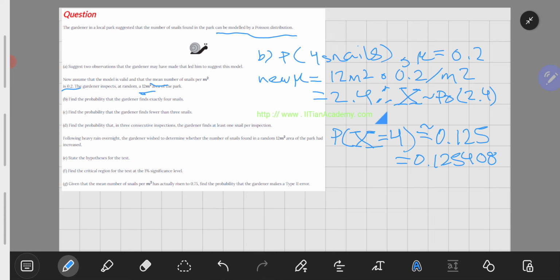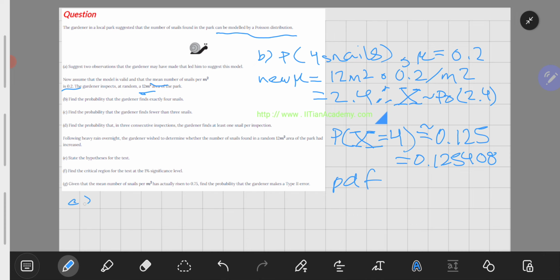Here we have, of course, used our Poisson distribution function, our PDF, to find our answer, and we will do so for other questions as well, such as C and some others.